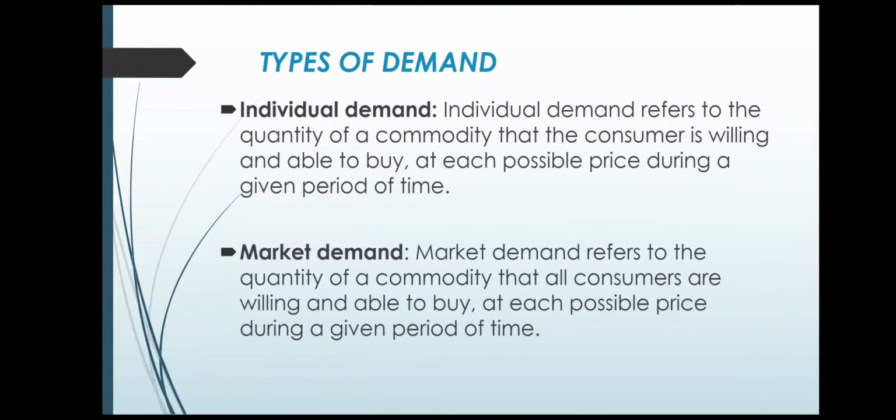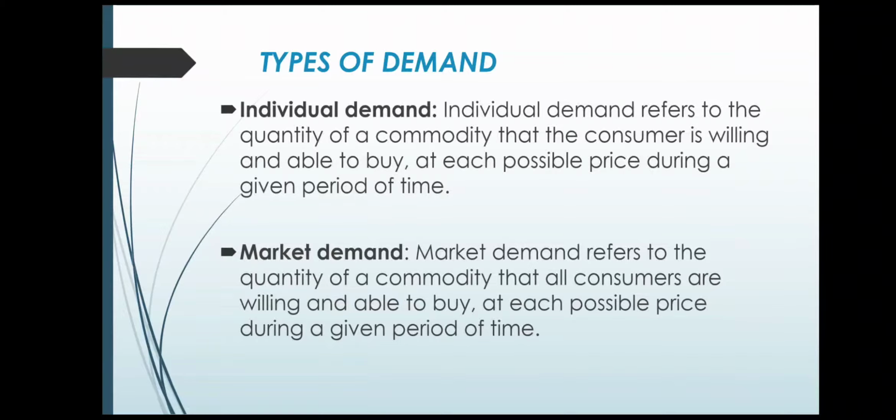Now there are two types of demand: individual demand and market demand. Individual demand refers to the quantity of a commodity that the consumer is willing and able to buy at each possible price during a given period of time.